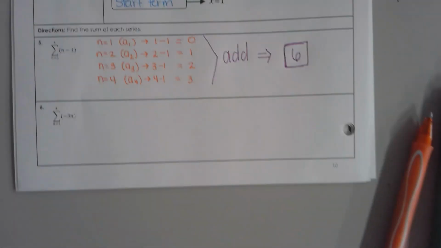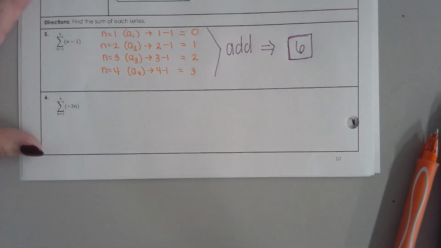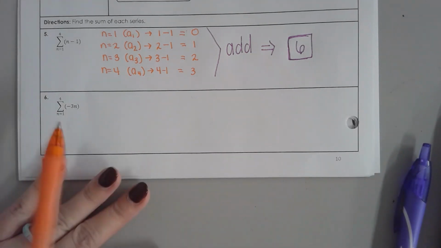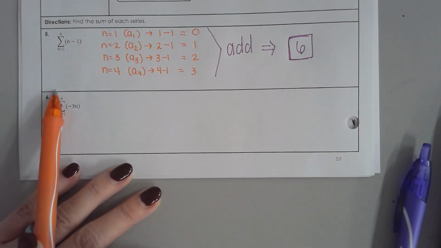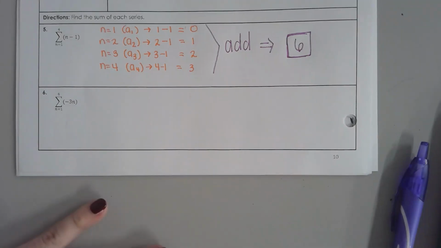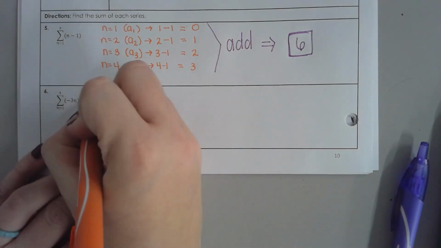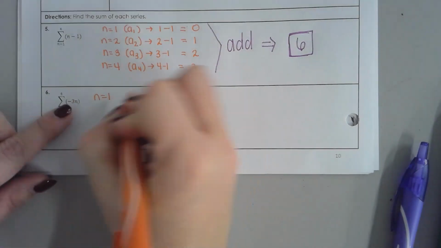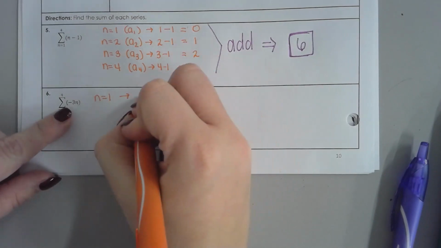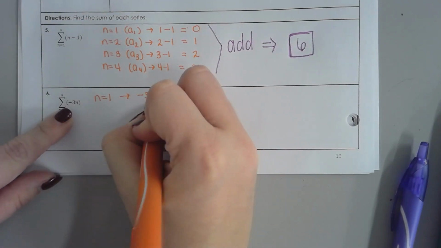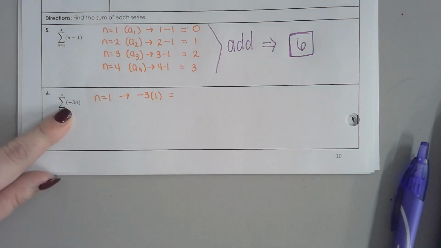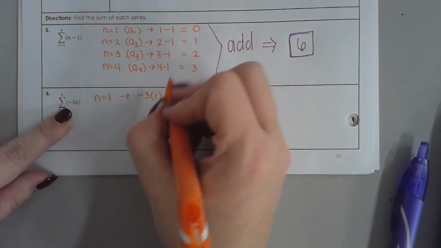Okay. So let's do number 6. We're adding up terms 1 through 4, and there's my formula. Okay. So for N equals 1, it's going to be negative 3 times 1, which is what? Negative 3 times 1. Negative 3.